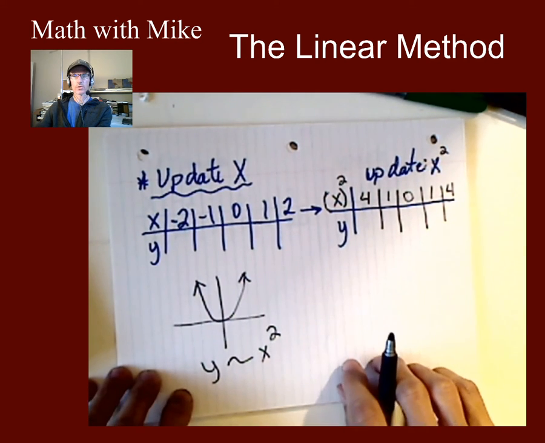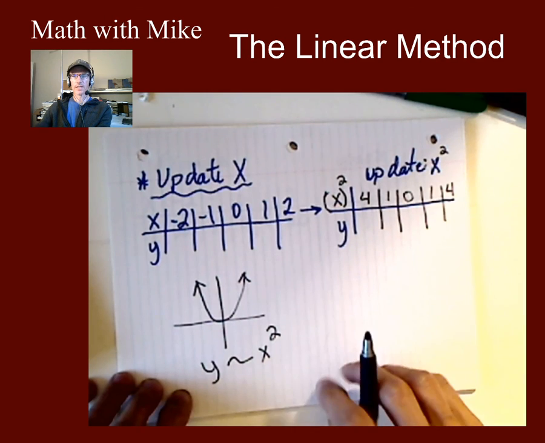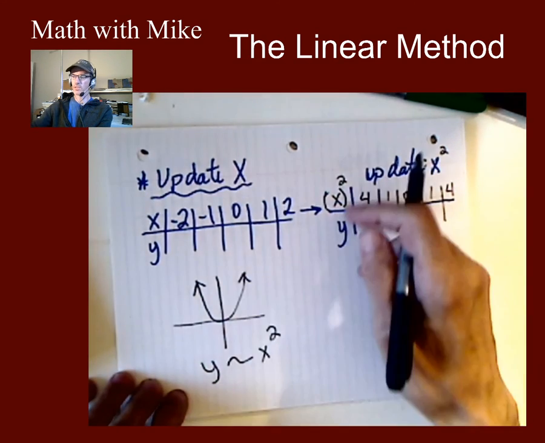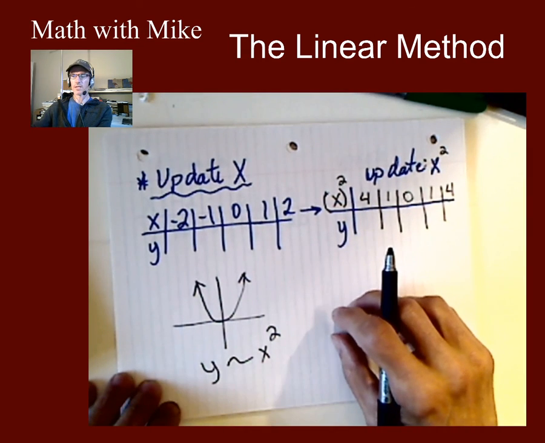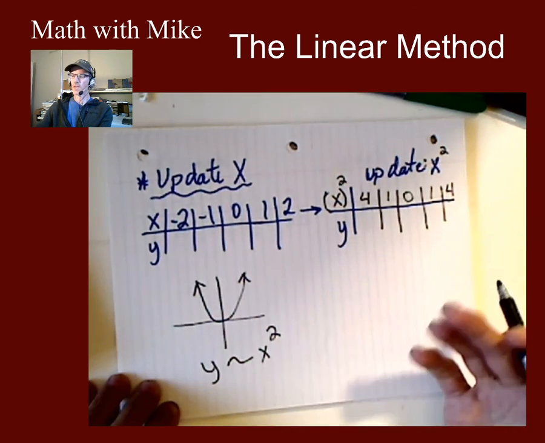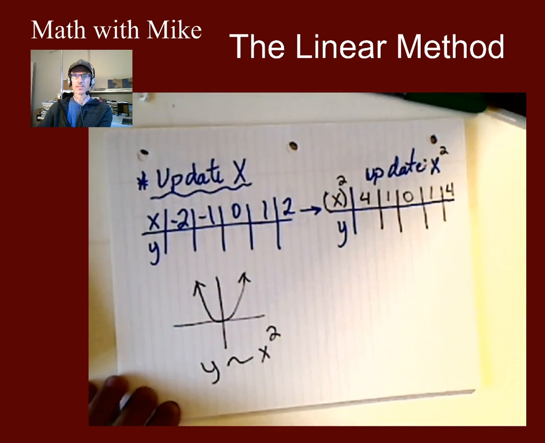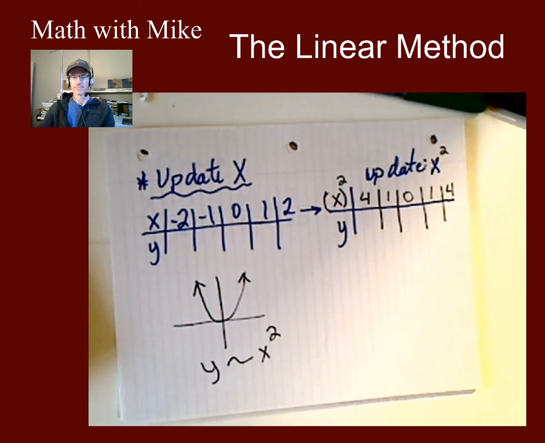Okay, so I'm going to stop there. We'll go on to the next video and I'll show you from start to finish the steps that are needed in order to find the equation for a set of data that looks something like this. See you soon.